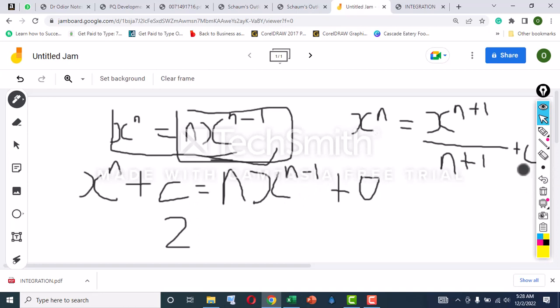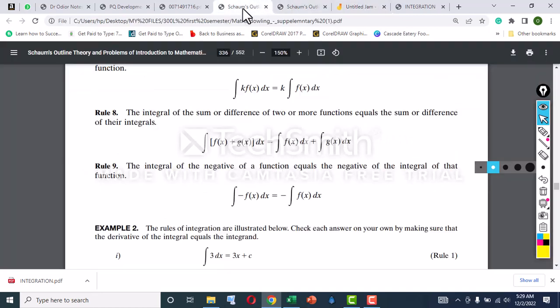That way we just need to assume there is a constant c in all our integration questions. So in all your integration solutions, always add plus the constant c. This is the general form for integration, and this must be added whenever you are getting your solution.